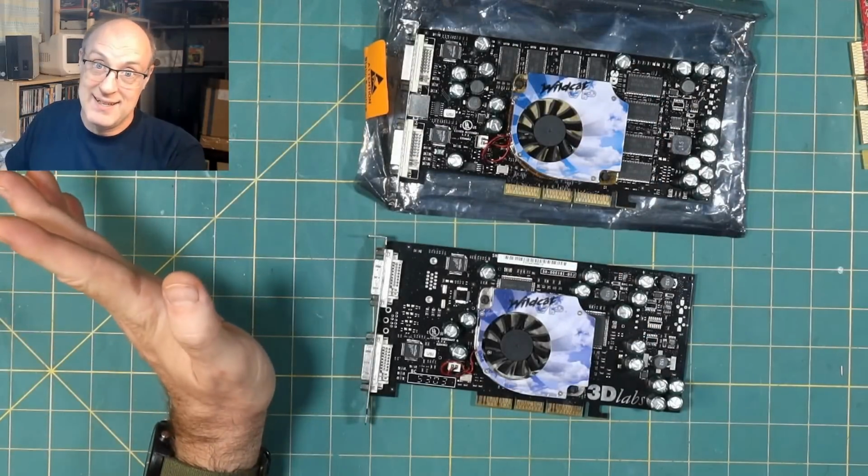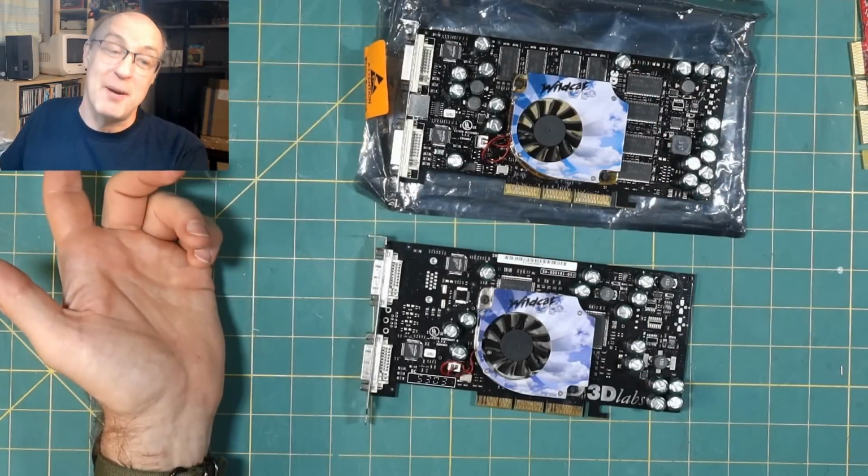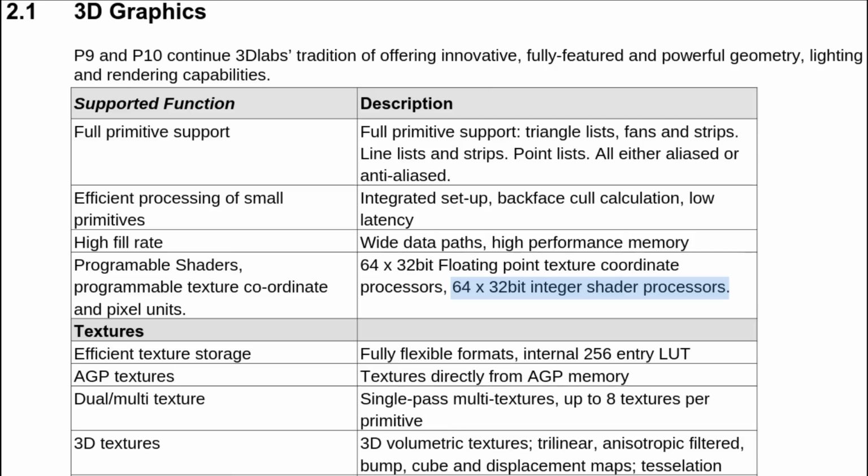But then the other shoe dropped, as they say. In the documentation, it says there are 64 by 32-bit floating point texture coordinate processors and 64 by 32-bit integer shader processors. I don't like that word integer. I don't like that word integer at all.